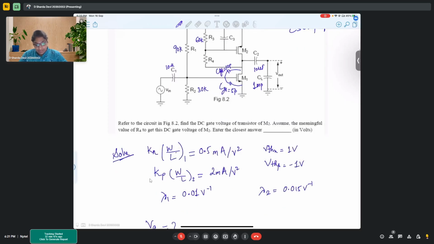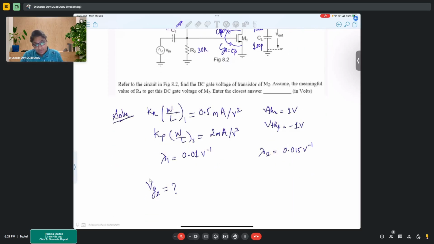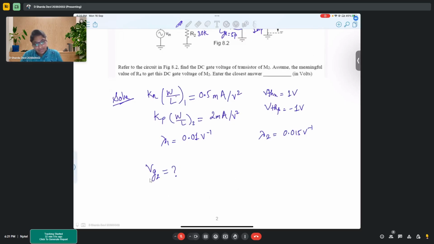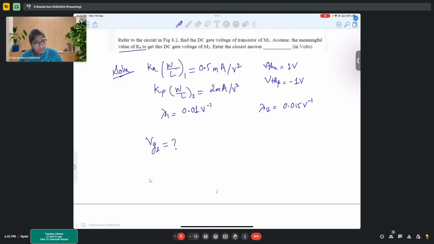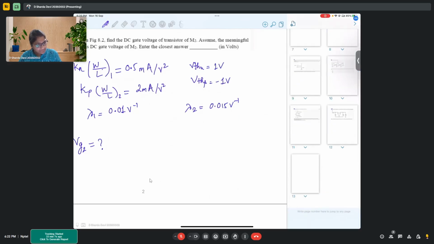Okay, coming back to the problem that we are on, we have to find VG2, and it is asked that we can assume a meaningful value of R4 to get the DC gate voltage at M2.